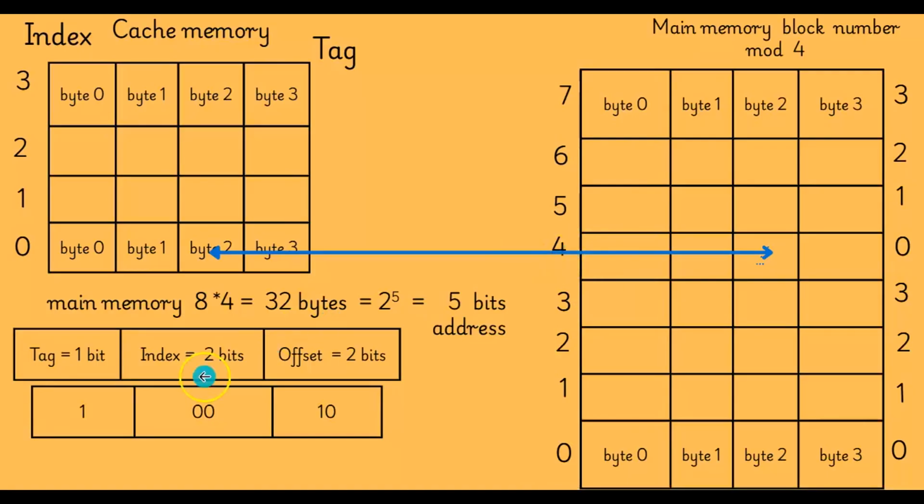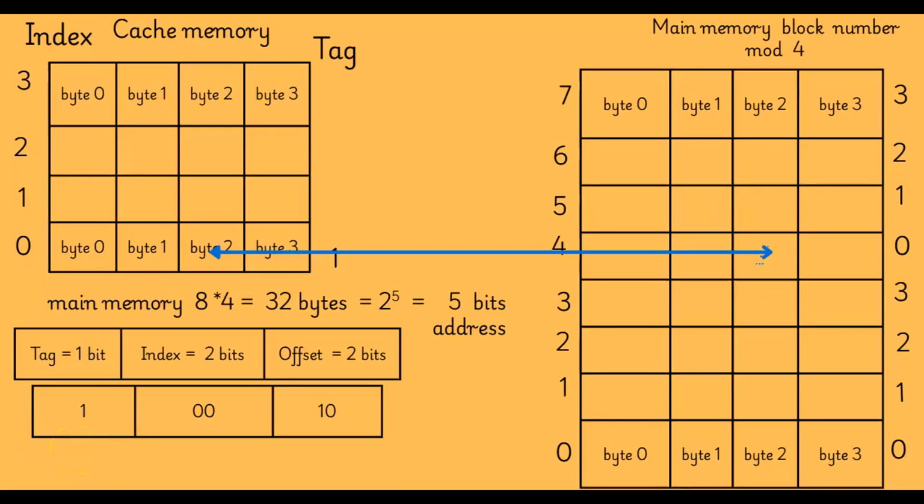So the tag field is used to identify the main memory block uniquely. So the tag field 1 specifies this particular main memory block. This is the way the mapping takes place in direct mapped cache memory.